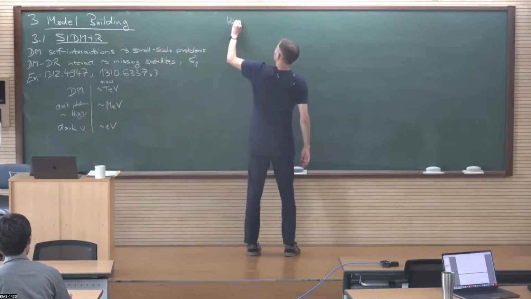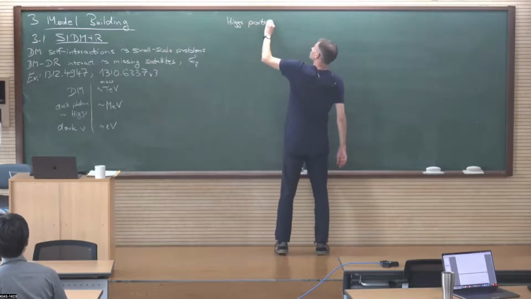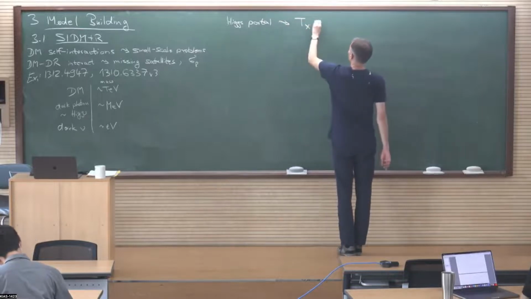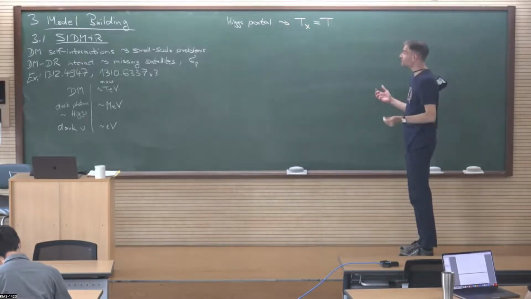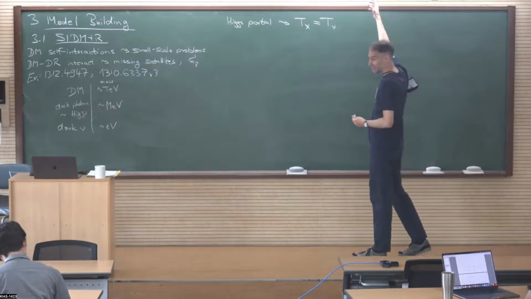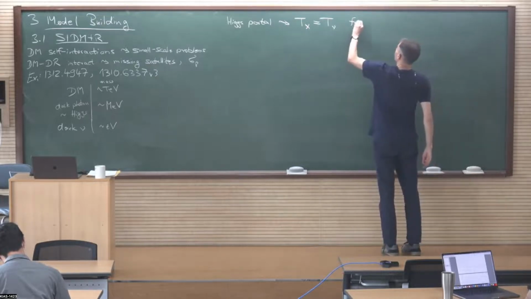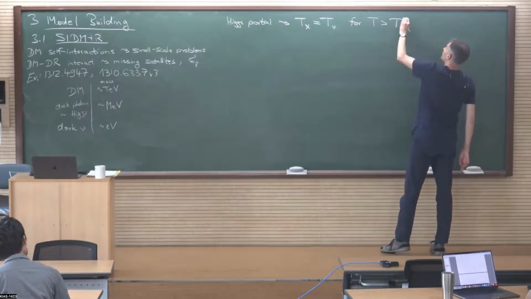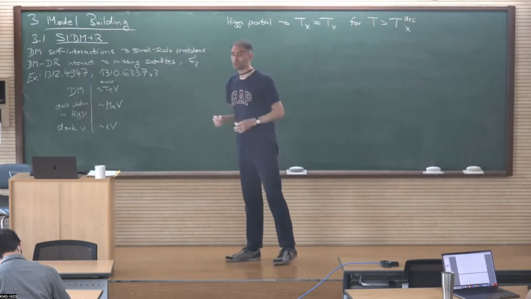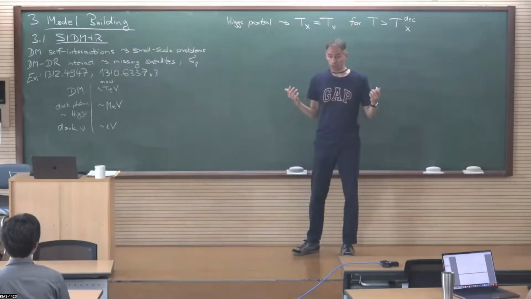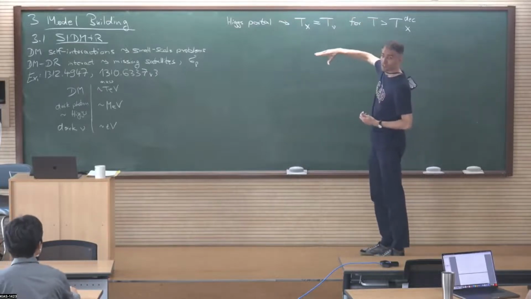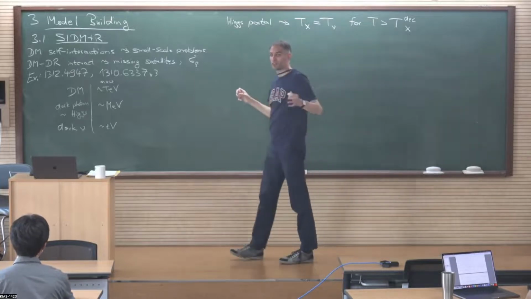So let's say that means that the temperature of the dark sector is equal to the standard model temperature, for T larger than some decoupling temperature of the dark sector. Let me particularly talk about the neutrinos, which have the same temperature as the photons. And let's assume this is a really high temperature, like hundreds of GeV or TeV or so. That means that once we drop below this temperature, the two sectors evolve independently of each other.